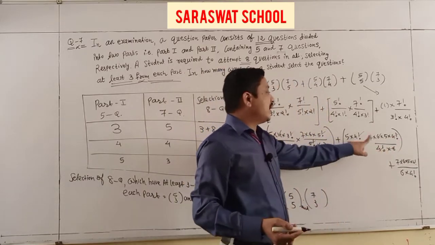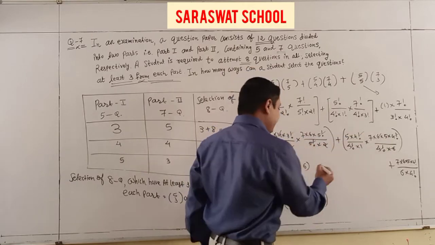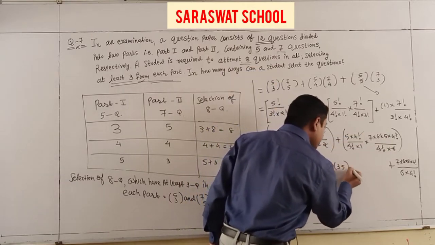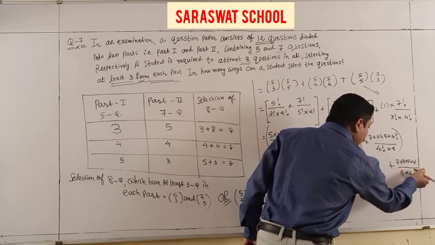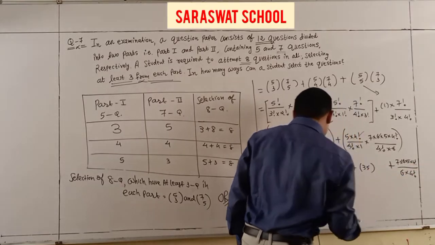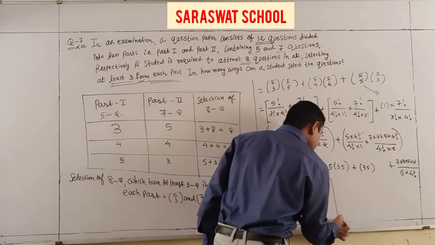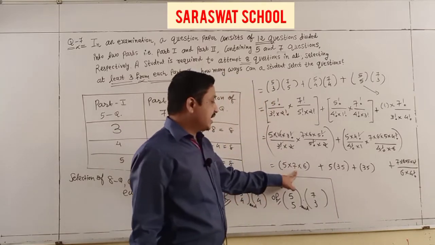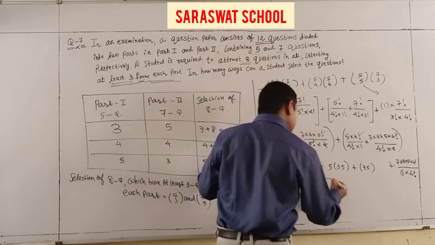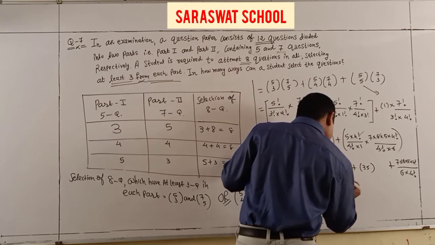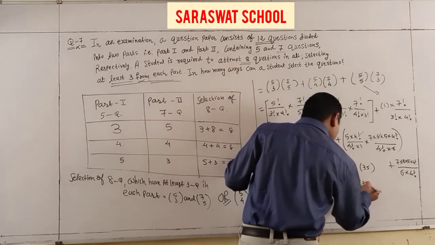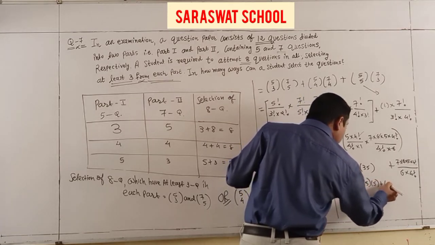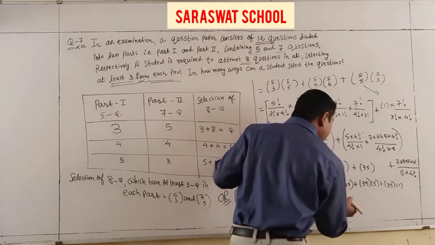Only 5 into 7 remains, which is 35. Same here, 6 cancels, 4 cancels, it is 35. In short, finally your destination is ready: 5 into 7 into 6, 35 into 5, and 35 into 1.